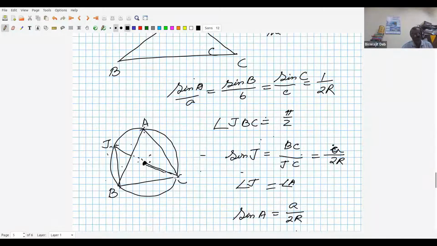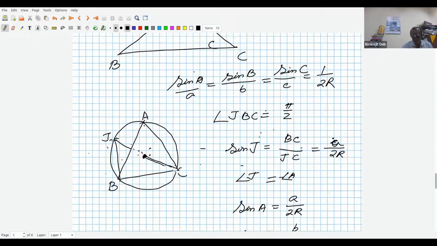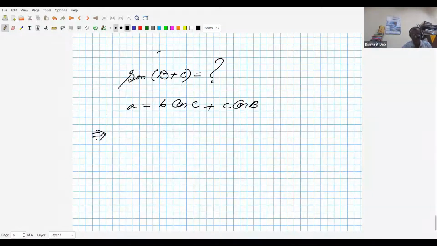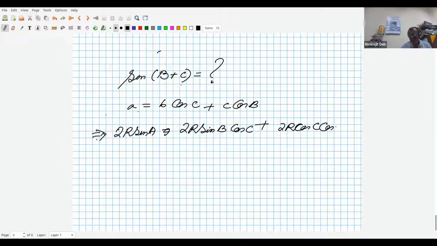So we can replace a with 2R sine A. We can replace b with 2R sine B, into cos C, and we can replace c with 2R sine C into cos B. We are replacing a, b, and c using the extended sine law.